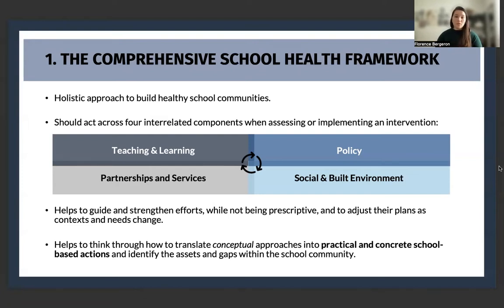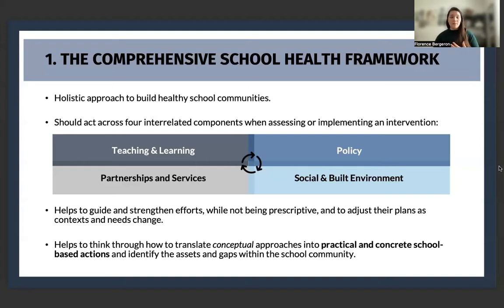Next, we have social and built environment. Here, for the social aspect, we think about having a safe space, being respectful, feeling integrated, the sense of belonging in the organization or the school. We think about relationships between peers, between staff members, between the youth and the staff themselves.